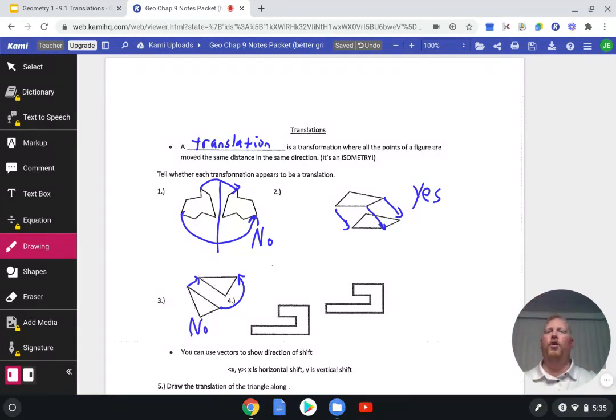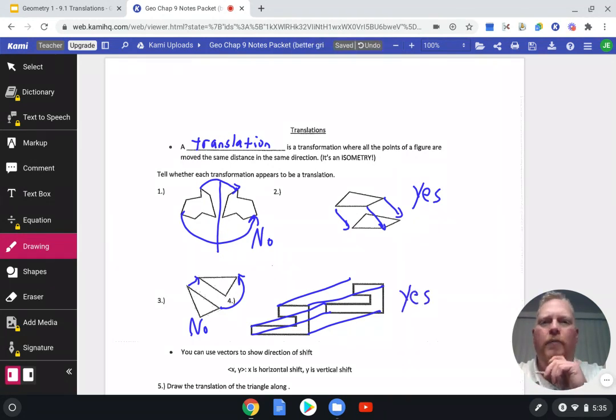It's not a shift. It's more of a turn, okay, more of a rotation. So I'm going to say no to that one. Question number 4. If I take that bottom shape and just shift it, yeah, I'd say that looks like it's a translation. So I'm going to say yes to that.